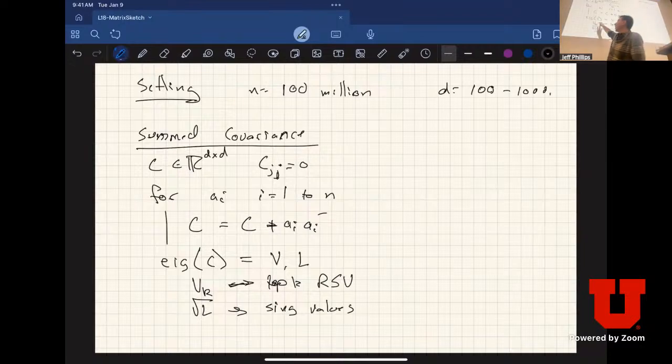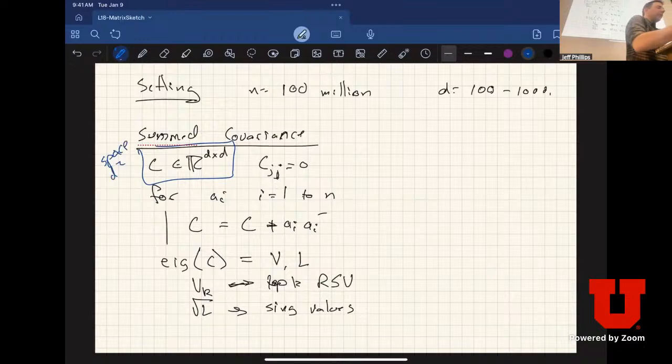So I just need to call this once at the end. C is a d by d matrix, so this would take like d cubed time, but it used only d squared space. So the total space I used is d squared.